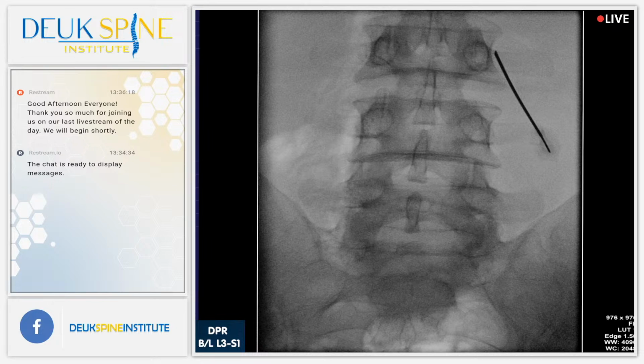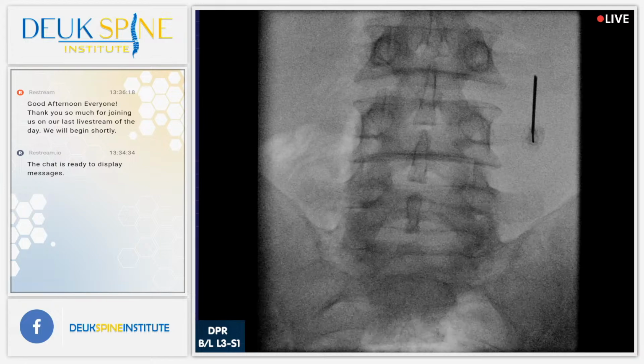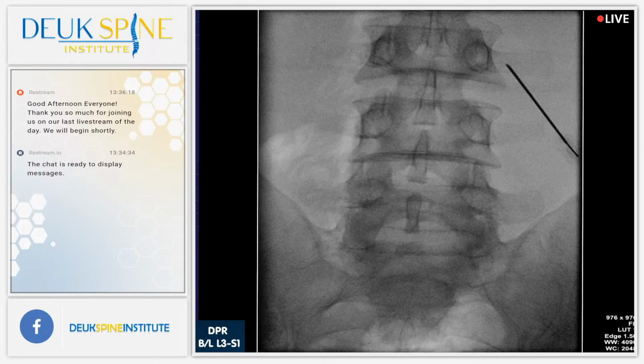You know? It's very odd. And he may have some scoliosis as part of the reason. That's facet. That's TP. That's better.